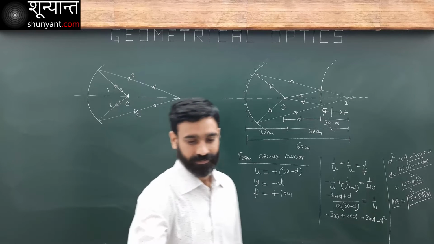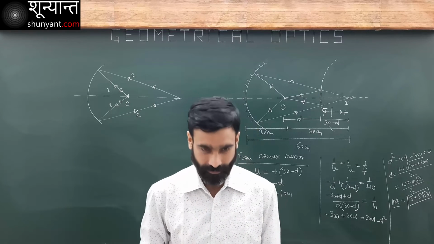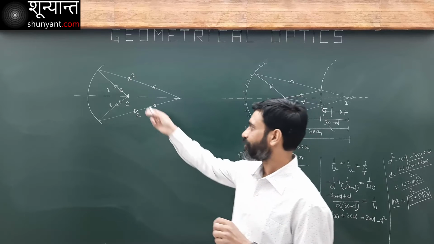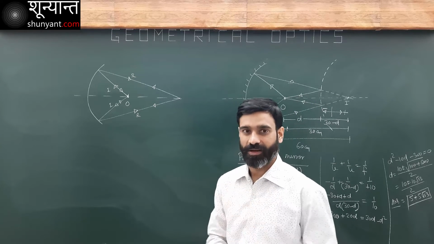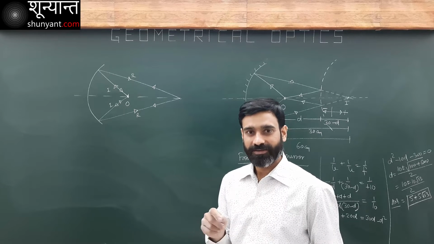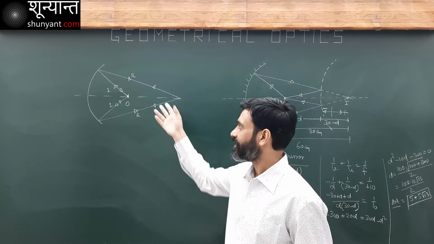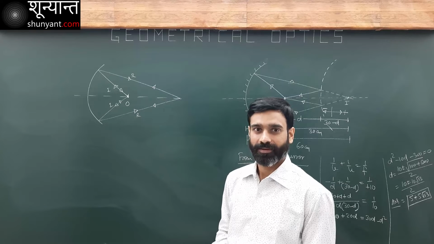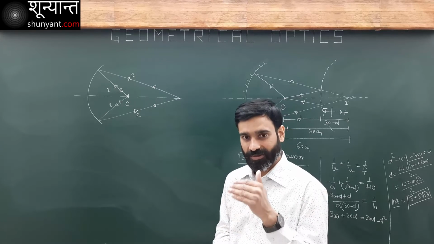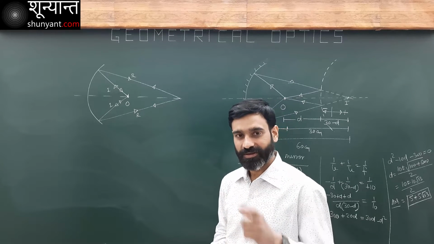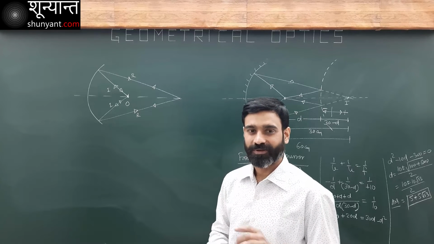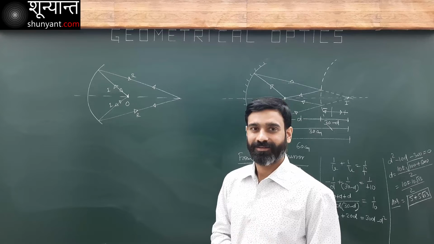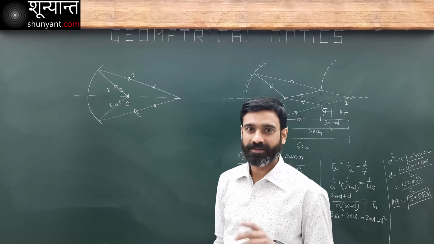Think about it. Light ray starts from O. It has to finally reach the same point. That's how the final image will coincide with this object. That means the light ray must retrace its path. Now there are 2 ways of retracing it. In which case do light rays retrace?